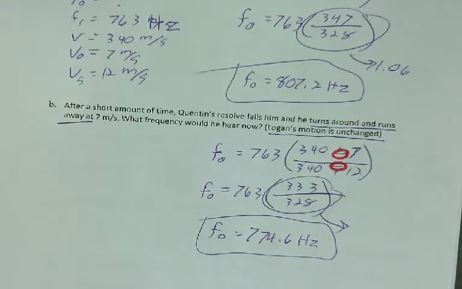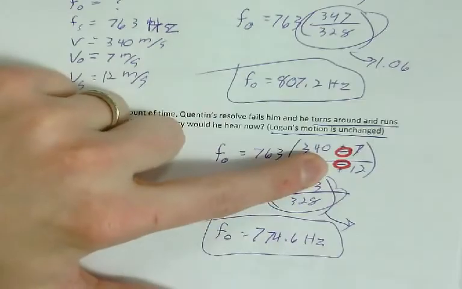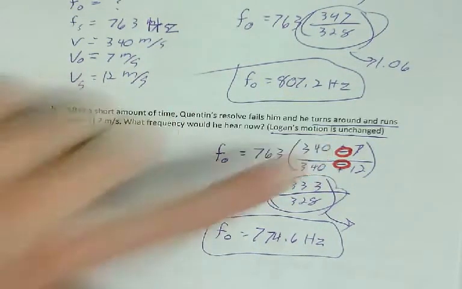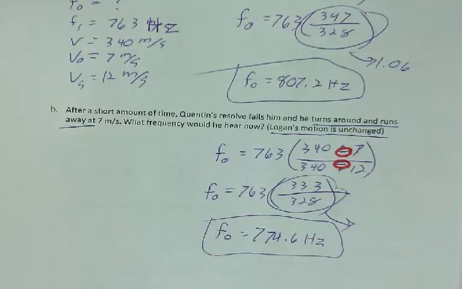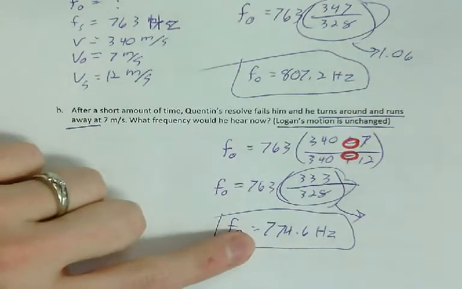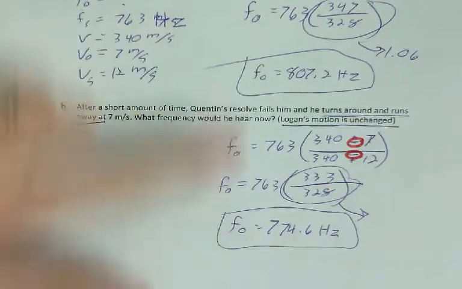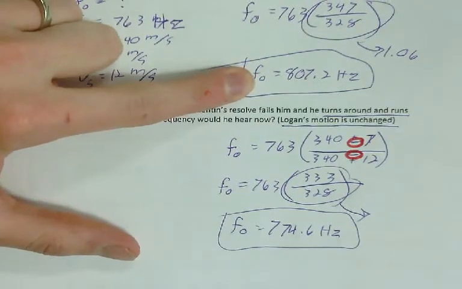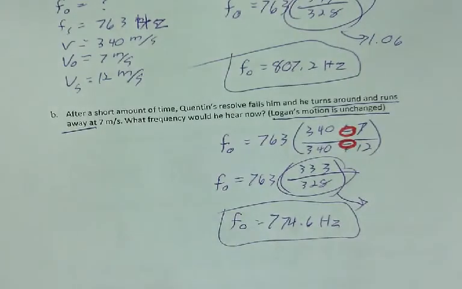Yes, because Logan is actually still getting closer, because 12 is more than 7. So Logan is getting closer more than Quentin is getting away. So the frequency is still higher, but it is not as much higher. It's a little bit higher. And there you have it. That is how the Doppler effect works.